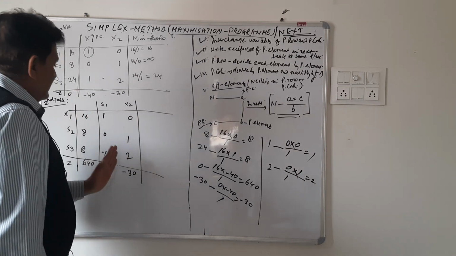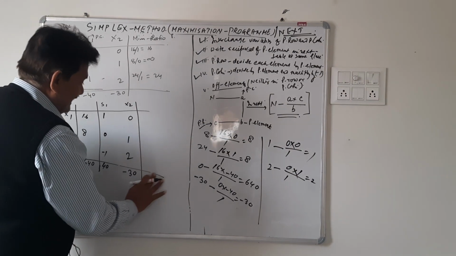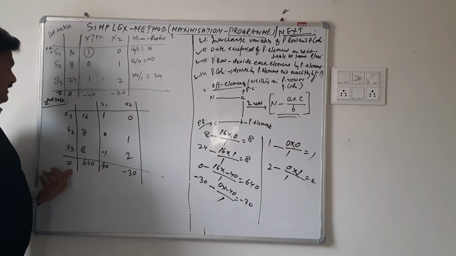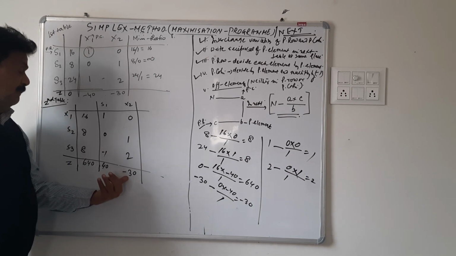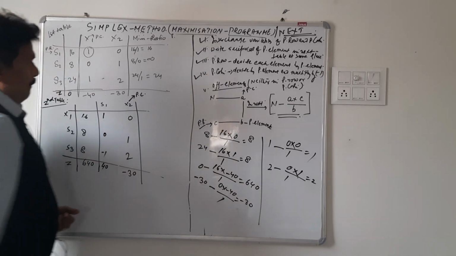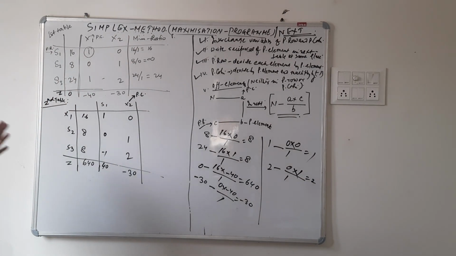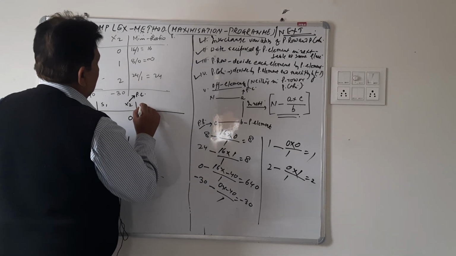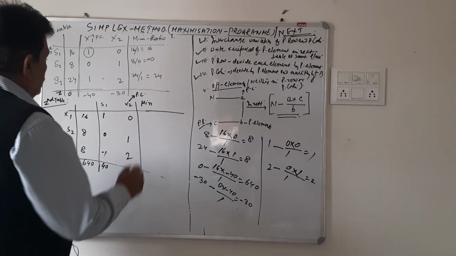Now, for this table, as far as the selection of pivot column is concerned, in second table we shall look for the negative values in z row, and the element with sign negative will be made pivot column. So this is pivot column. Once again the same work has to be performed. 5 steps. Now we calculate here minimum ratio.